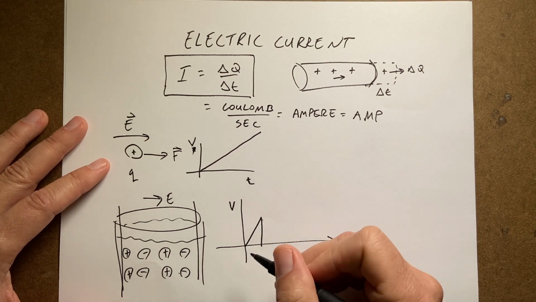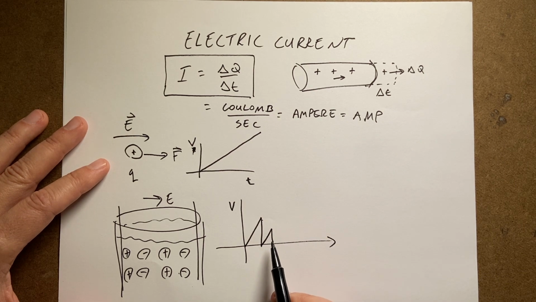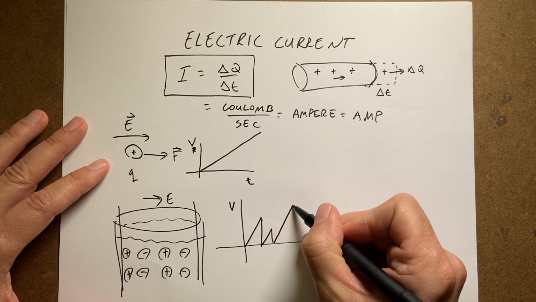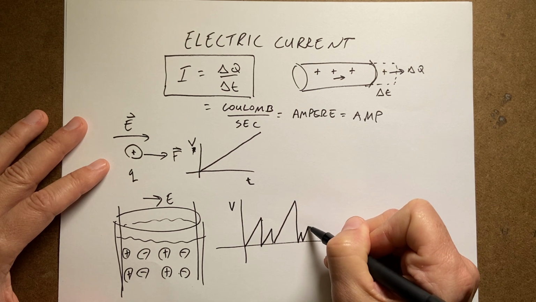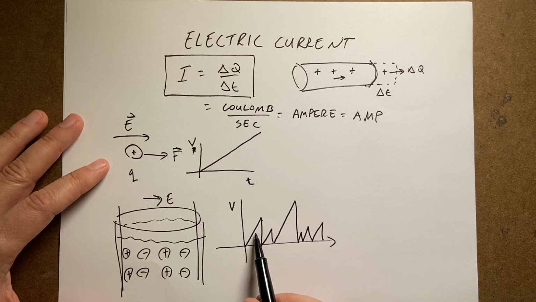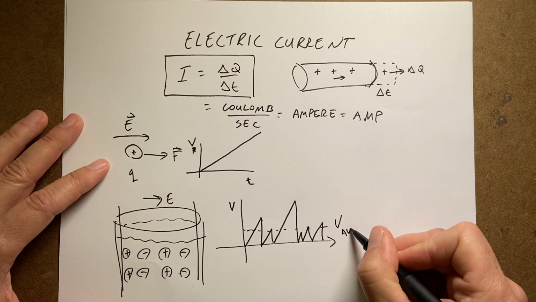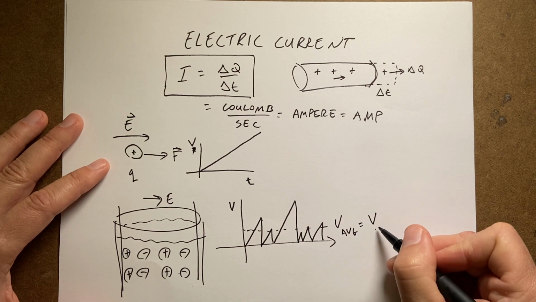But the electric field's still there, so it's going to speed up and it's going to collide and stop. Maybe this time it didn't go as far, and then it's going to speed up and keep speeding up and stopping. So although it's accelerating, we can think of some average velocity that it has, v average. And we call this the drift velocity.